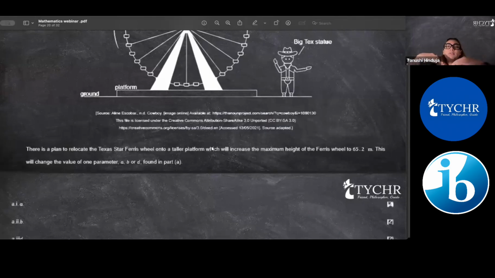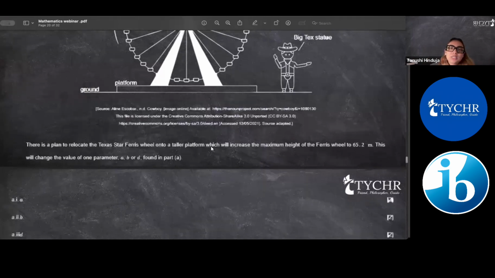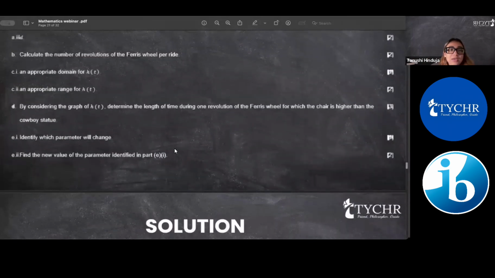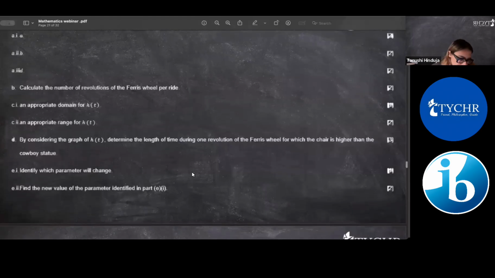So look, whenever we talk about amplitude, it's about how high you would be going from the middle line or how low you would be going from the middle line. So we're not changing the diameter of the Ferris wheel, which means that A value doesn't get affected. The number of revolutions is also not changing, so B also doesn't get affected. So the only parameter that changes would be D.